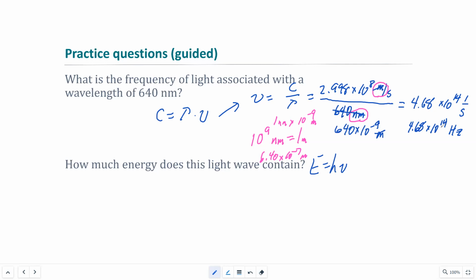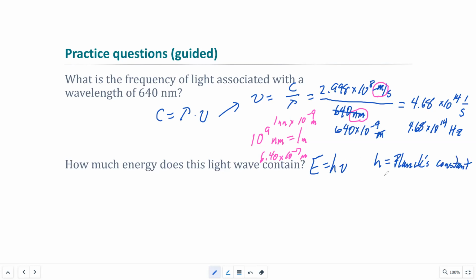Now, the secondary question here is how much energy is in that wavelength? Well, for that, we're going to need another key common equation, and this is called the energy equation, sometimes referred to as Planck's equation, because it includes something called Planck's constant.